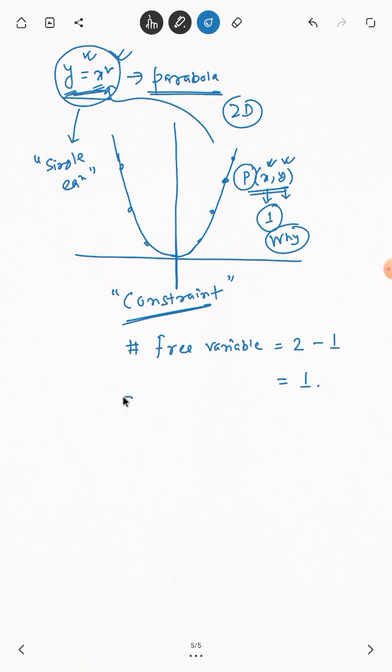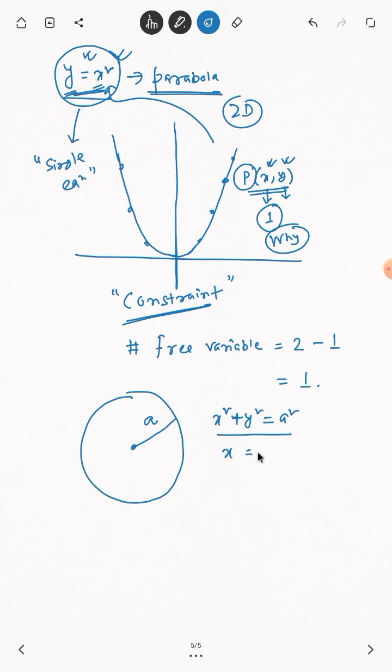Similarly for a circle, just think of a circle. When a particle moves in a circle, its equation, say, is known to us, x square plus y square equal to a square. This a is the radius of the circle, and now if we just consider x to be like this, then look at the beauty again. This point is P(x, y). Its position is to be determined by 2 variables, but they are interrelated by one constraint, that is this one.